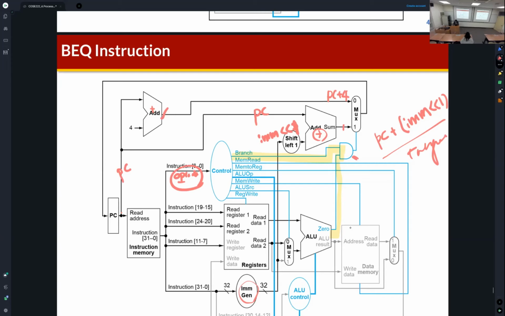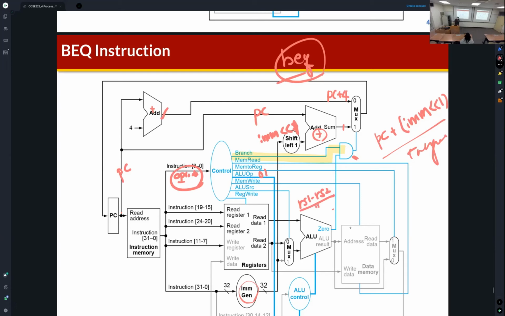We already know that the ALUOp signal for the branch instruction is 01. In this case, the ALU performs rs1 minus rs2. For the BEQ instruction, we need to check equality, so rs1 minus rs2 is performed, and this is the result of the ALU.